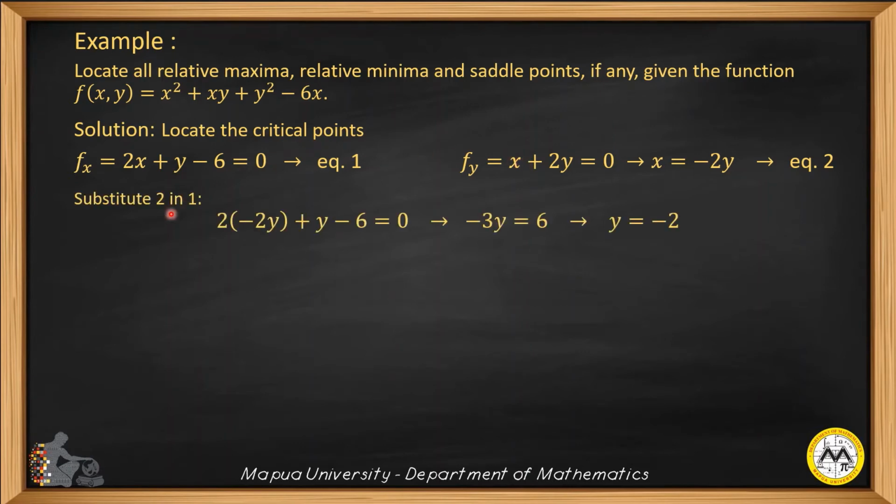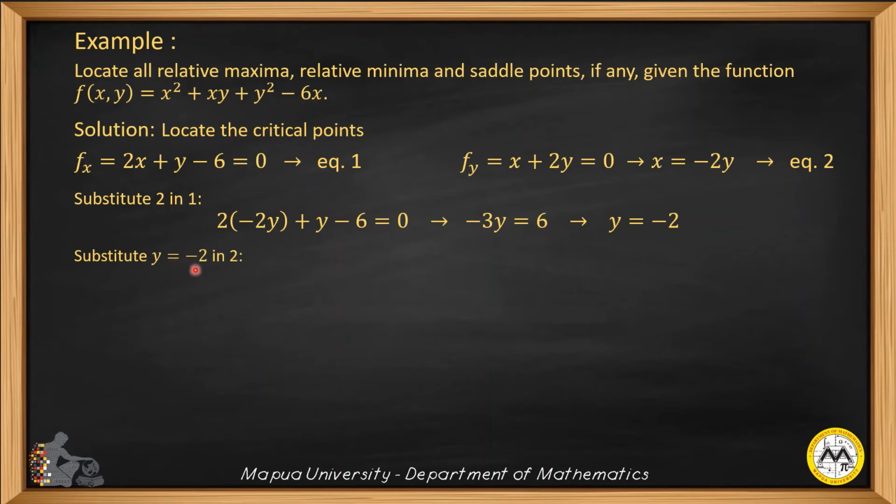We do it here by substitution, where from this equation we have x equal to negative 2y. If x in the equation of the partial derivative of f with respect to x is replaced with negative 2y, then the first equation becomes 2 times negative 2y plus y minus 6 equal to 0, which is just an equation in the variable y. As such, you will be able to solve for y, and y is equal to negative 2.